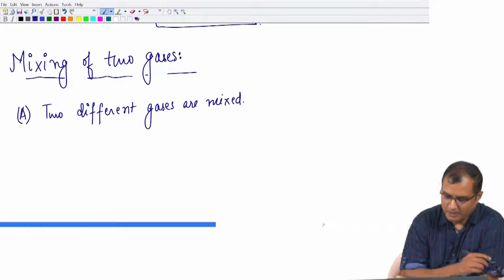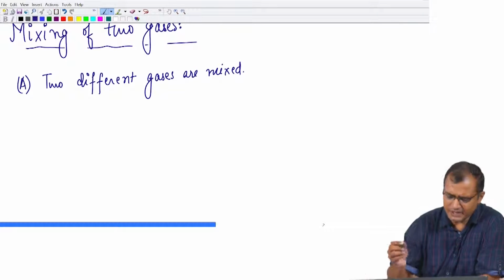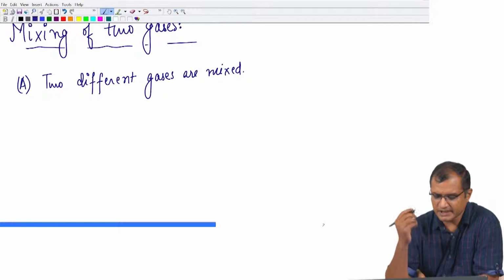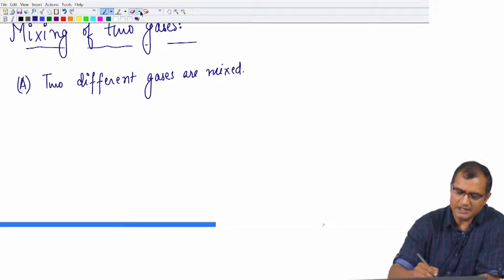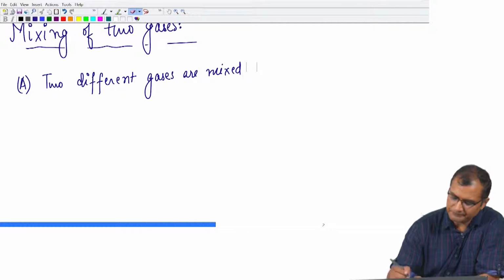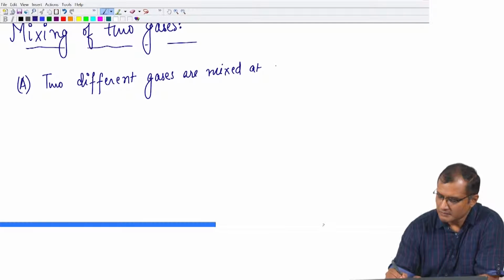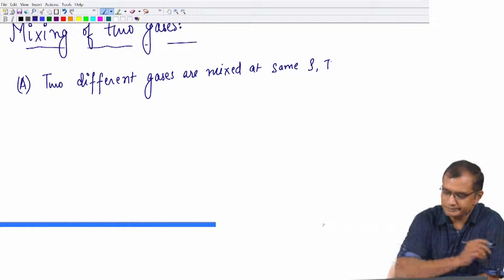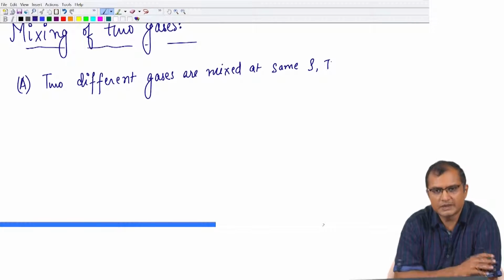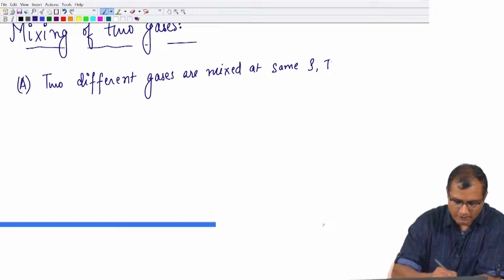Okay. And let us, for the simplicity, take the density and temperature to be the same, same rho and T, just to keep things simple. So, I am going to draw this schematic.